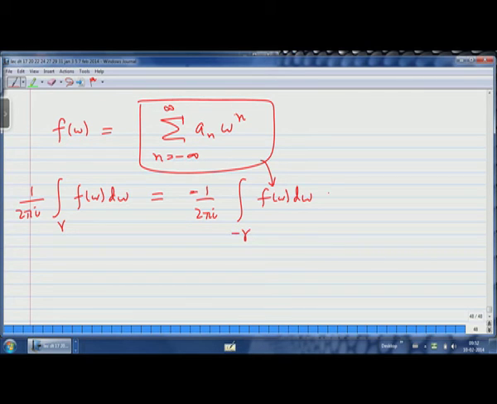So what you'll see is that I'll get 1 by 2 pi i times 2 pi i times a minus 1, as before, and I get minus a minus 1.